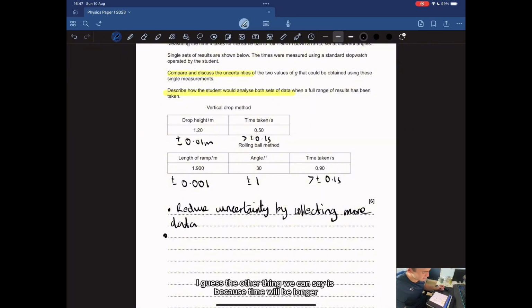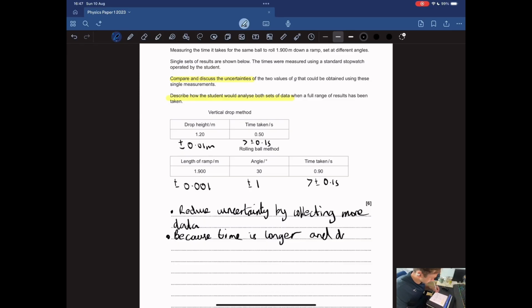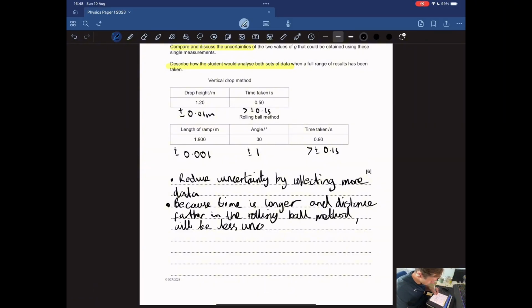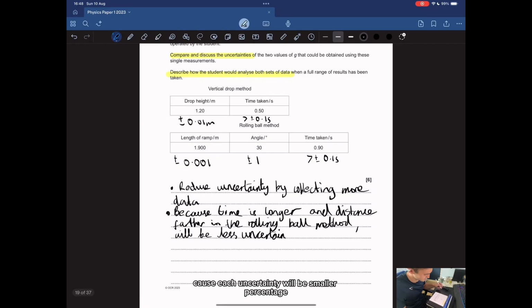The other thing we can say is, because time will be longer and distance farther in the rolling ball method, it will be less uncertain. So if you think about it, the percentages are going to be of bigger values, so the percentage uncertainty is actually going to be smaller because each uncertainty will be a smaller percentage.